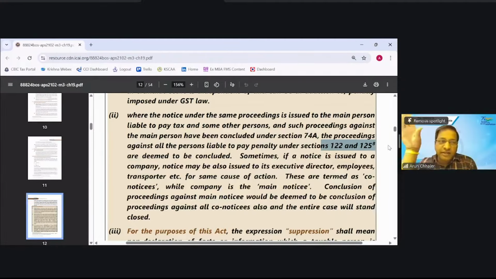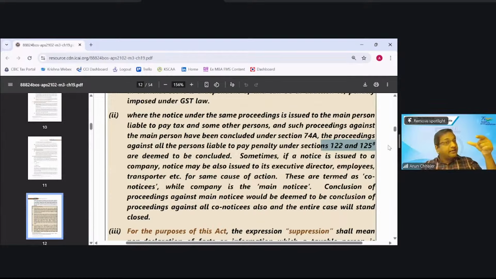He has issued the invoice to Mr. B. And based on that, Mr. B has done something on which penalty is leviable under 122, or general penalty is being levied on Mr. B. Now, if on the same transaction the demand under section 74 has been raised on Mr. A, and on the same transaction there is a demand of section 125, that is general penalty, on Mr. B, same transaction, because it is the sale and it is the purchase of another party.